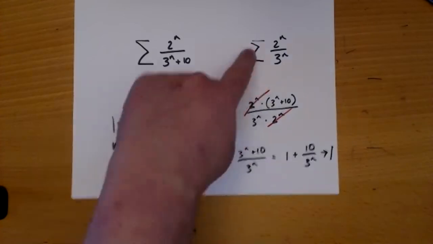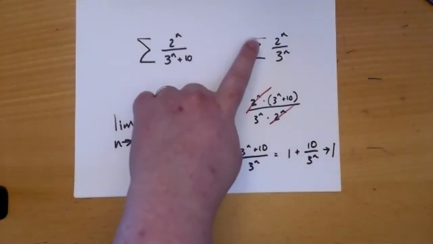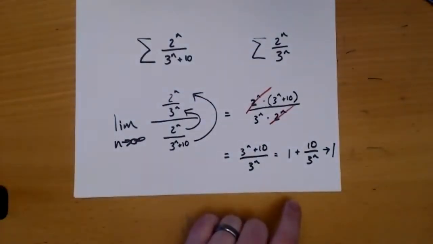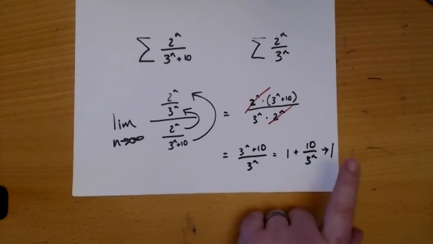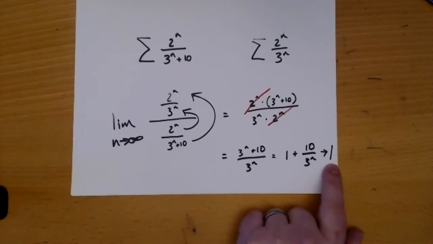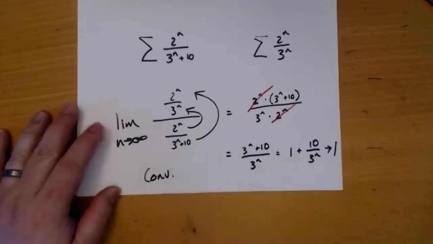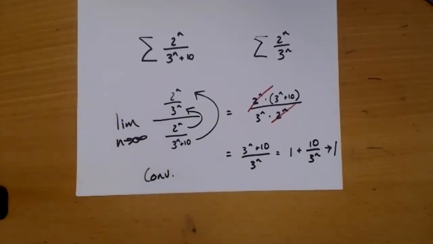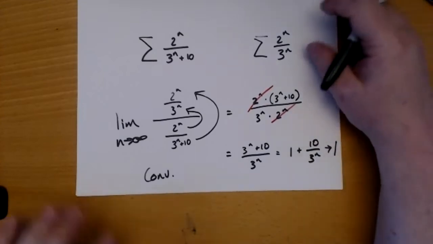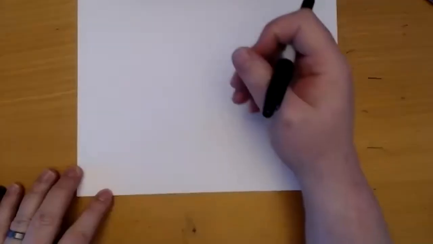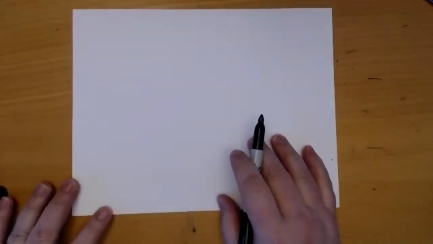Because this converges, and it goes to a number that's not 0 or infinity. So it converges. Okay. This is fun.